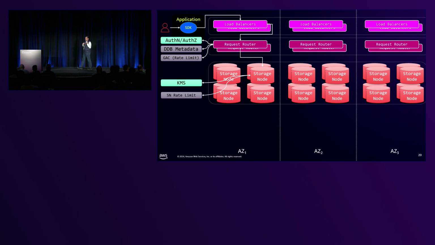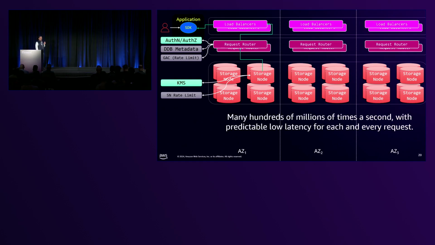Otherwise, we have keys. There is no data which is stored in DynamoDB which is not encrypted. So your request made its way to a storage node where, again, since you share the storage node with the person to your left or the person to your right, we make sure that you're not overdriving that particular storage node. And we respond. But we do this hundreds of millions of times a second.